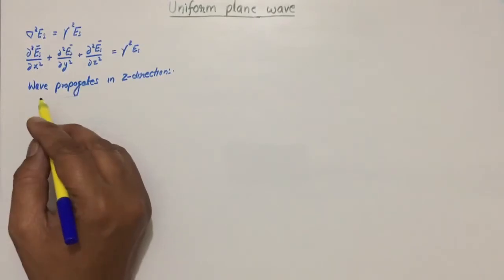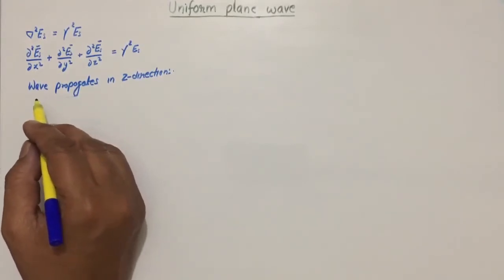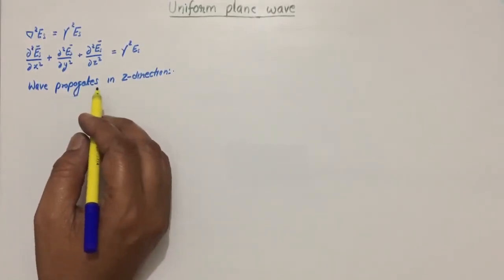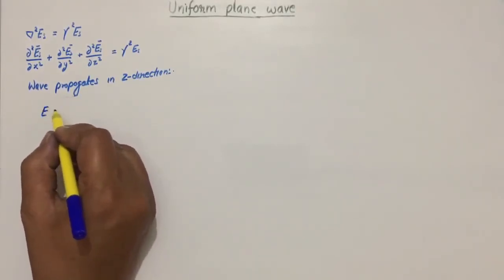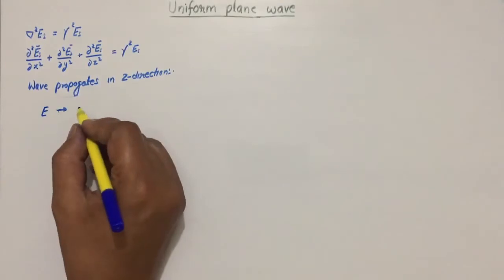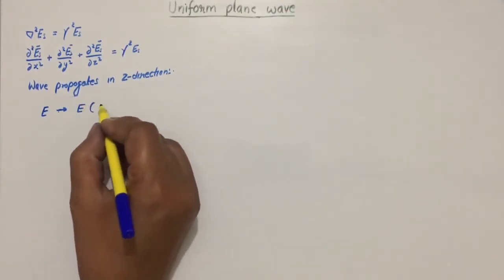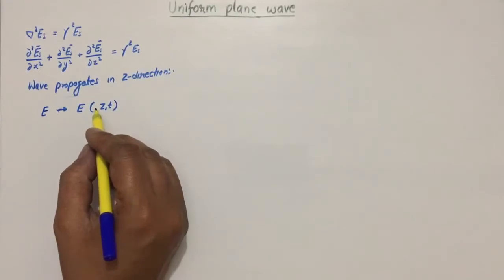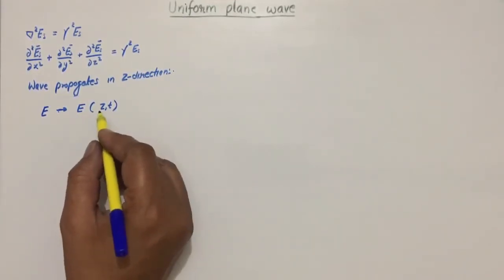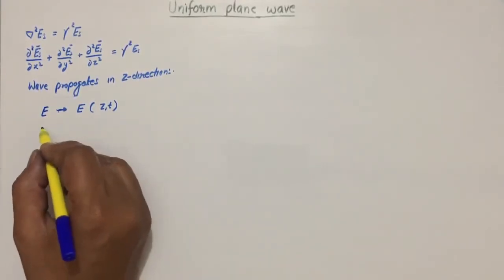According to that, let us consider the wave propagates in the z direction. Then we can write E is equal to, and the change in the x and y terms will be 0. It shows that the wave propagates in the z direction.